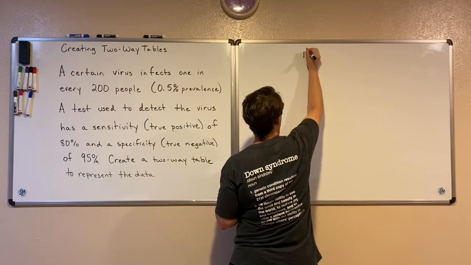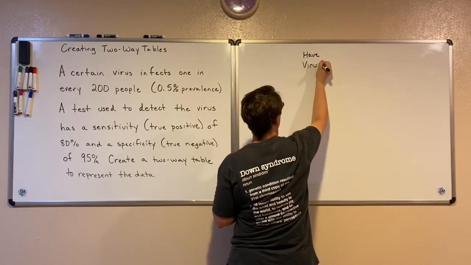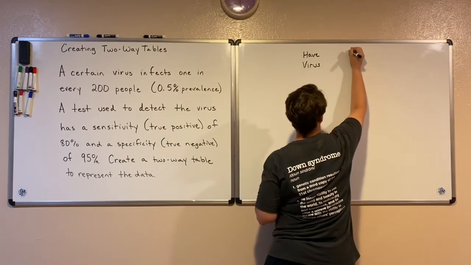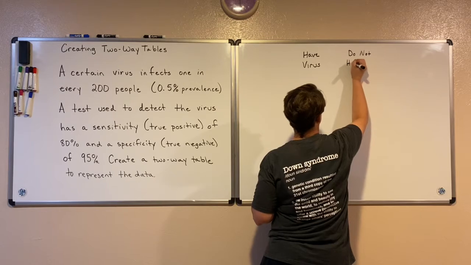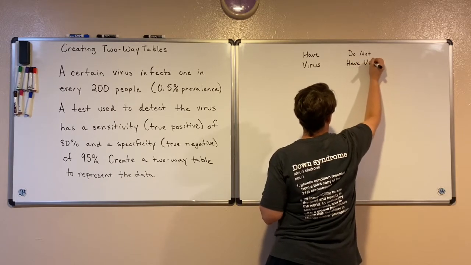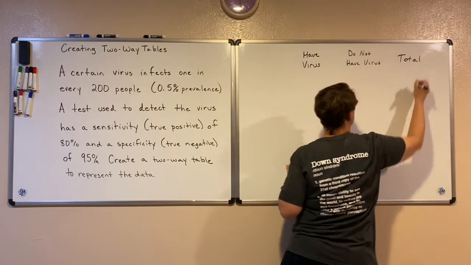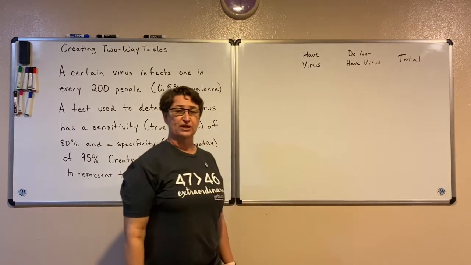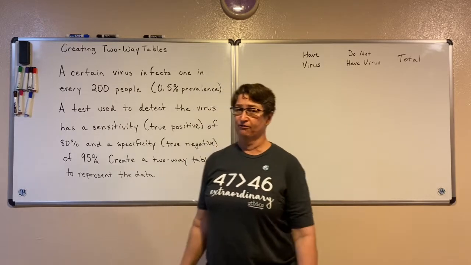So they have the virus or they do not have the virus. And then my total. So as I'm creating my two-way tables, this is the first thing I need to do, is figure out what are my two variables. So that's one of the variables.